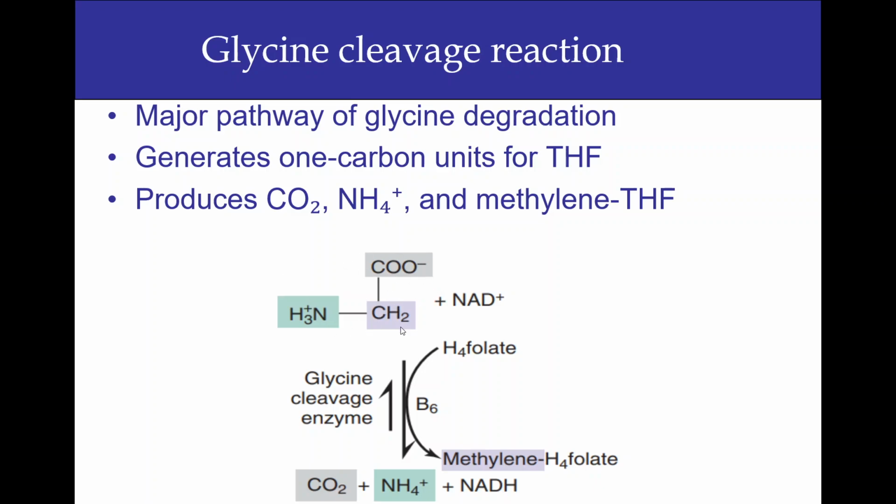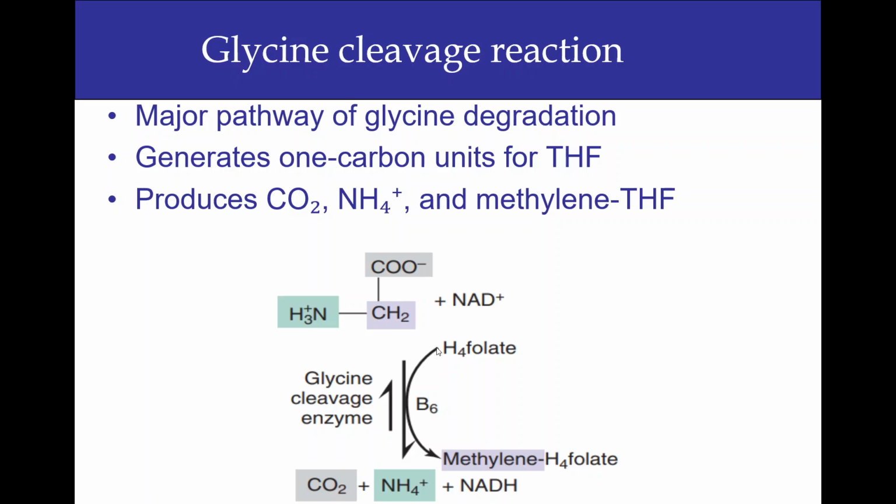We completely break it down into CO2 and ammonia, and the remaining carbon is donated to tetrahydrofolate to form methylene tetrahydrofolate. It generates the one carbon unit, so it is a donor of the methyl group for tetrahydrofolate.